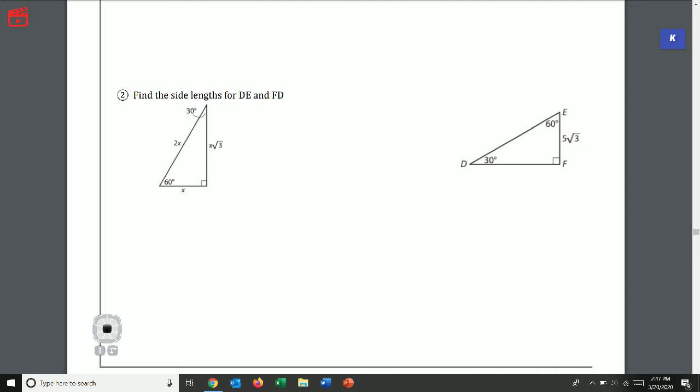In this example, first, I'm going to draw the triangle they give us. So I have D, F, E, and one side EF is 5 square root 3.